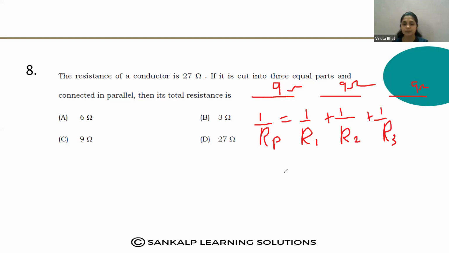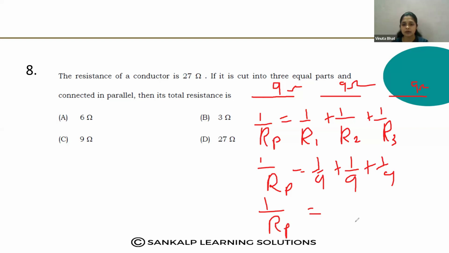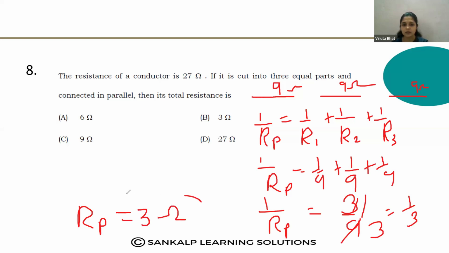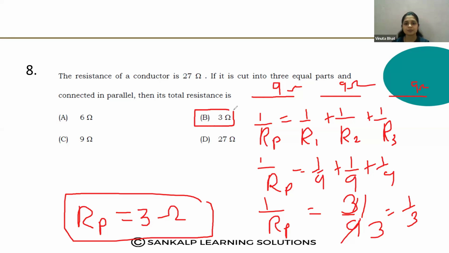Then 1 by Rp is equal to 1 by 9 plus 1 by 9 plus 1 by 9, that is 3 by 9, that is 1 by 3. So Rp is equal to 3 ohm. That is option B, 3 ohm.